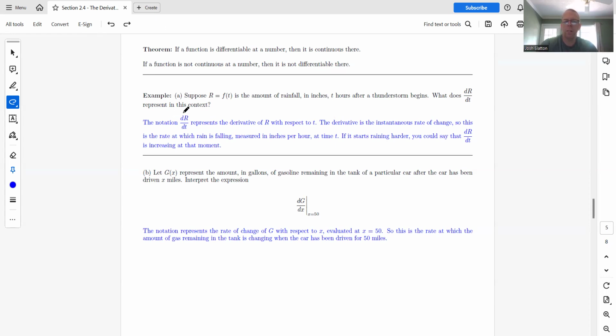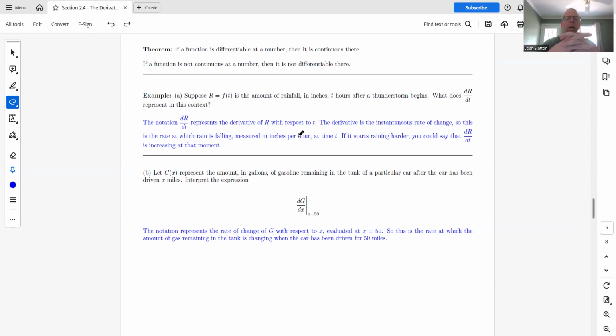So the notation dr over dt is the derivative of r with respect to t. So t is changing unit to unit. How much is r changing in that time, or the instantaneous rate of change? So the derivative is the instantaneous rate of change. This is the rate at which rain is falling in inches per hour.